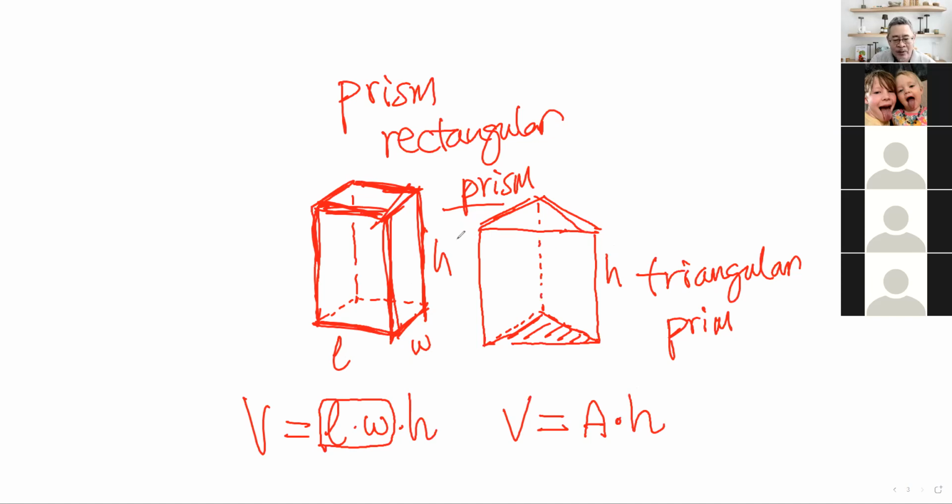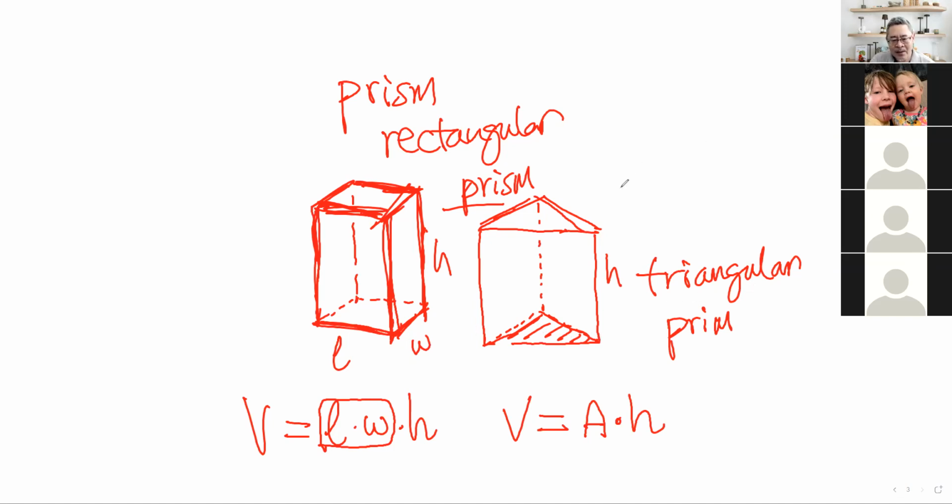So depending on what kind of base, we could have different kinds of prisms. Like here, the base is a rectangle. We could have the base as a square, and that's a square prism. If the base is a triangle, we get a triangular prism.